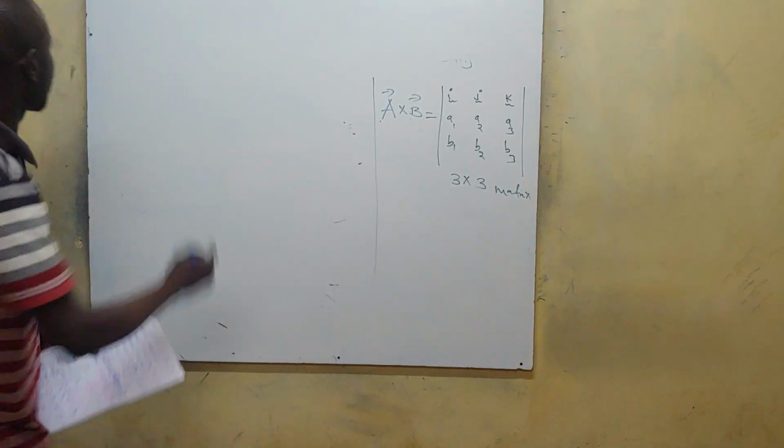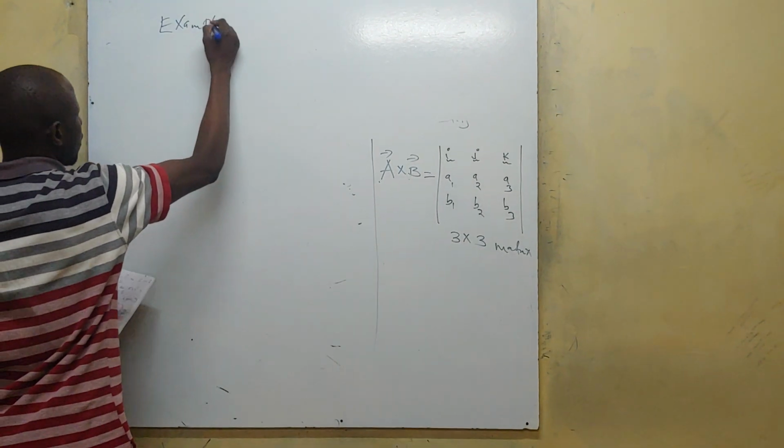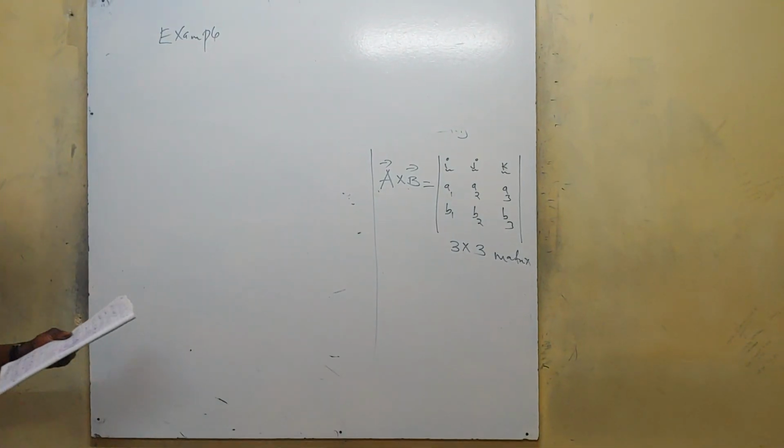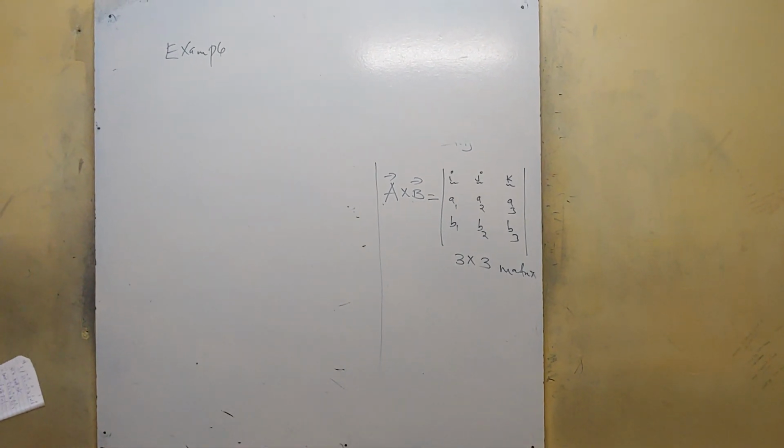In this case, I want us to take a look at this example, and we're only going to look at one example and see how to evaluate up to the last step of getting the cross product.